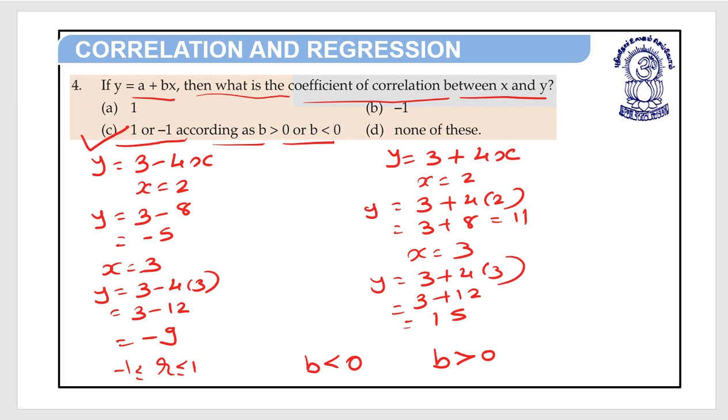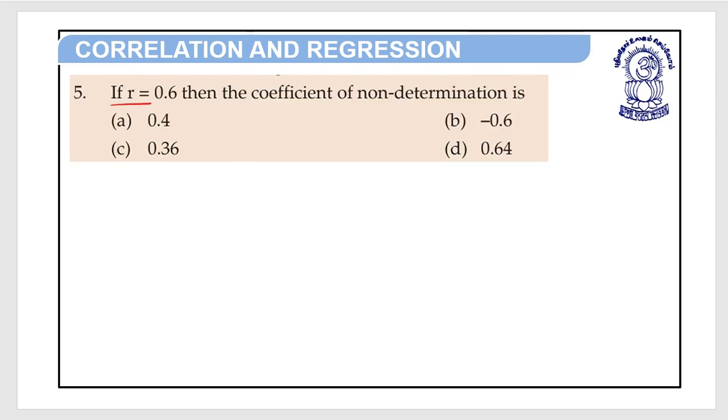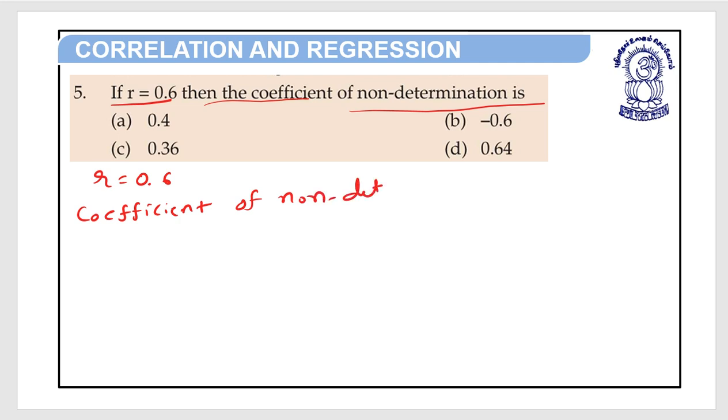Question number 5. If r is equal to 0.6, then the coefficient of non-determination is. So, r is equal to 0.6 is given. Now, coefficient of non-determination is equal to 1 minus r square. 1 minus 0.6 square.